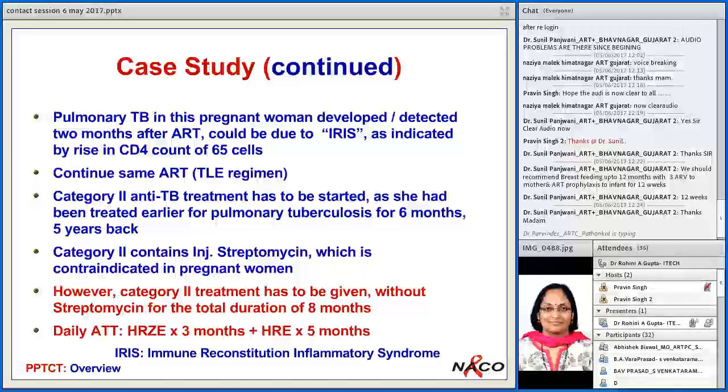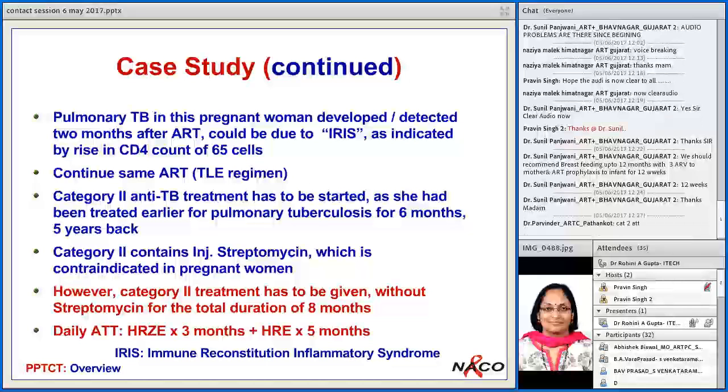Pulmonary TB in this pregnant woman could be due to IRIS, as there is a rise of CD4 counts. What we need to do is continue ART. Category 2 ATT has to be started, as she has already taken a course of ATT 5 years ago.